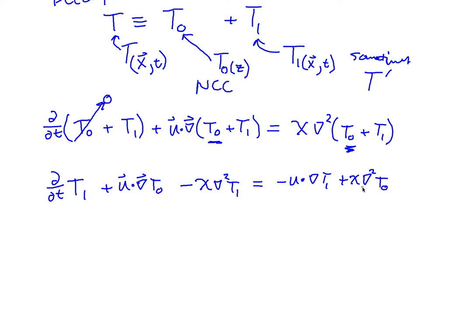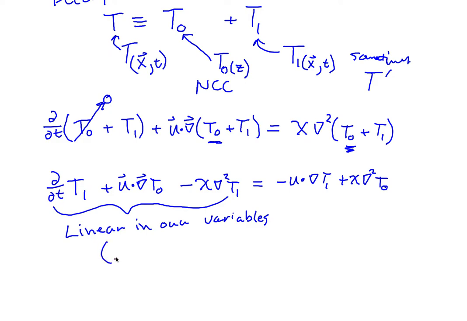I've written this in a special form. All these terms on the left-hand side of the equation are terms that are linear in our variables. What do I mean by our variables? I mean u and our fluctuating T1.